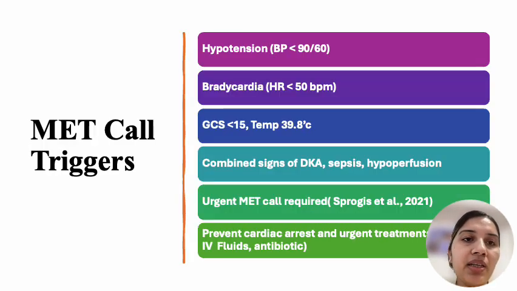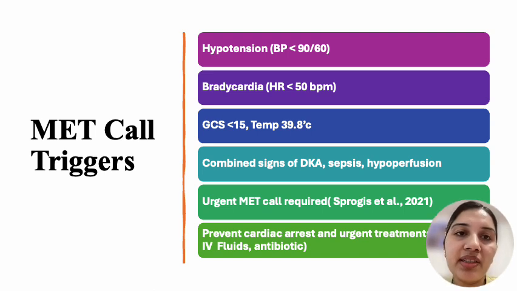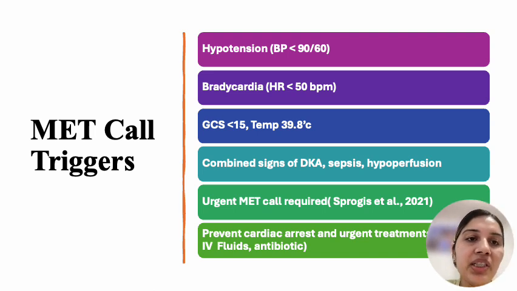Medical triggers. Her blood pressure is less than 90 over 60, and her heart rate is less than 50 beats per minute, and she is febrile, and her GCS is less than 15, which are all combined signs of diabetic ketoacidosis, sepsis, and hypoperfusion.